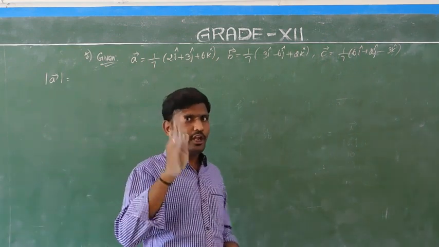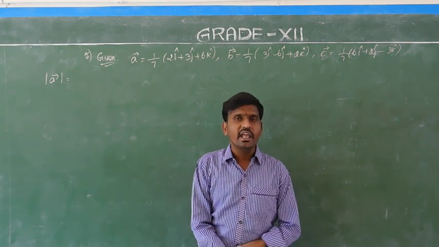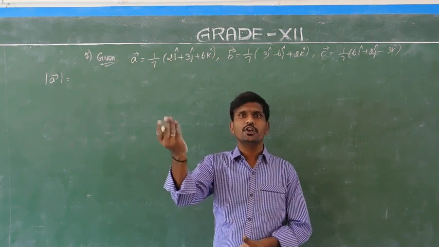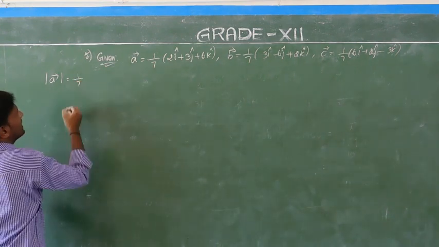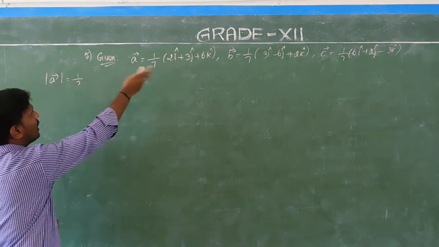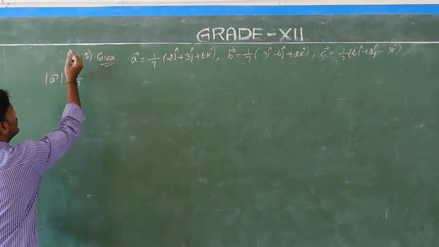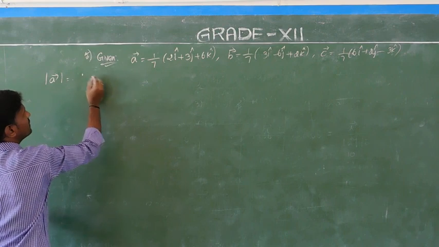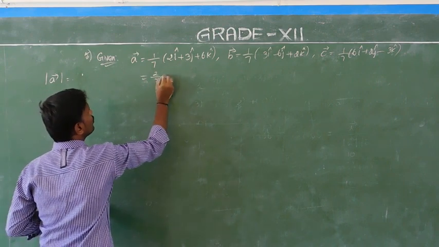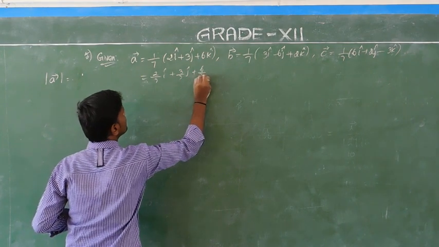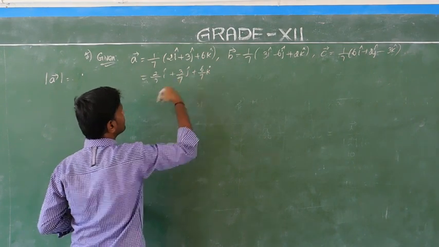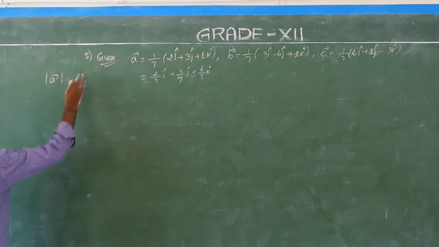If the value of the magnitude of the vector is equal to 1, that is called a unit vector. So now we want to find this. Multiply 1 by 7 inside the bracket to get what will come. A vector is equal to 2 by 7 i vector plus 3 by 7 j vector plus 6 by 7 k vector. Okay, now take the modulus of A vector.